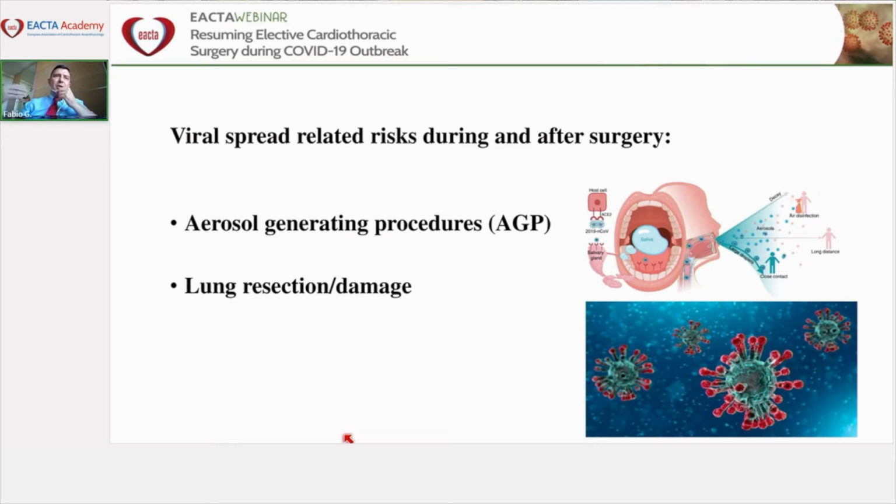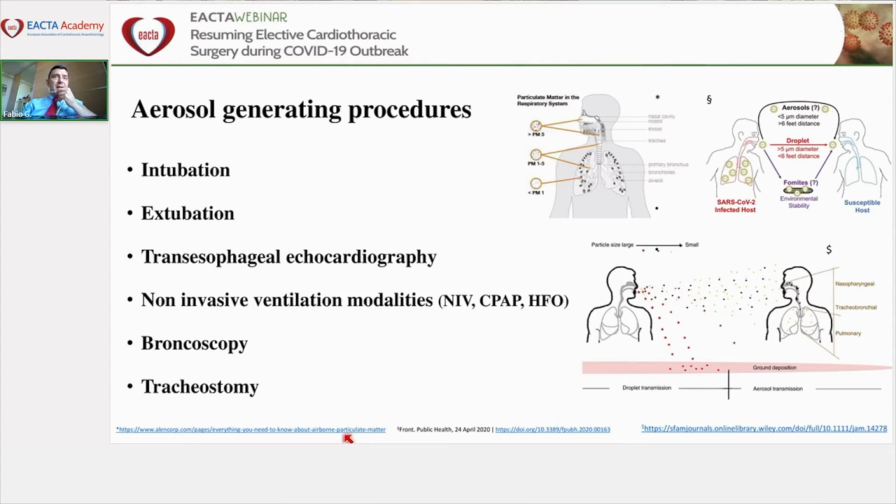And we know that anesthesia staff in particular performs many of these risky procedures, but also the lung surgery, the lung resection, or the lung damage during an intrathoracic surgery can also expose the staff during the operation to the risk of viral spread.